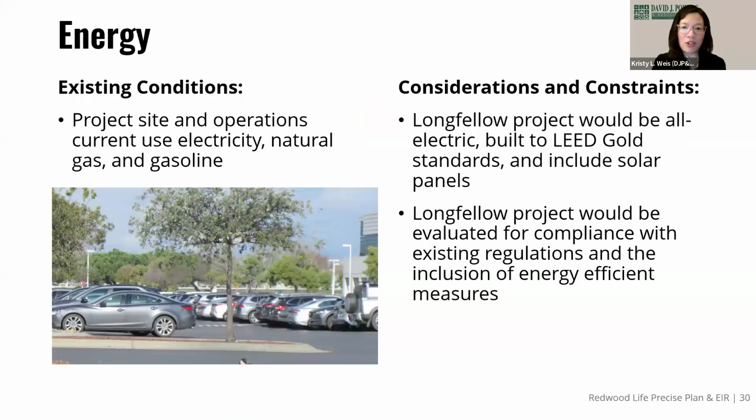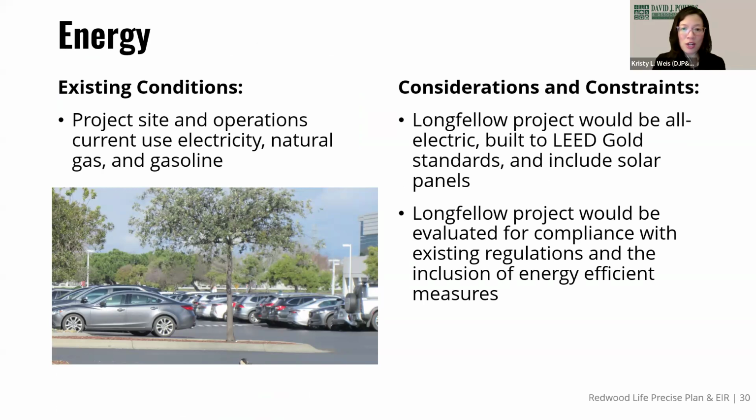The next one's about energy. So the project site currently uses electricity and natural gas for building functions such as lighting and the heating and cooling system. It's assumed that the existing life science uses also use natural gas as part of their operations. And gasoline is consumed by vehicles of employees and visitors traveling to and from the project site.